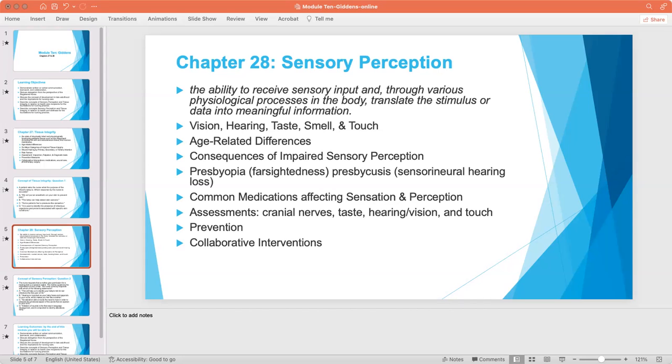And also with our adults, the loss of functional ability can happen. Make sure you see table 28.2, which lists medications such as antihistamines that cause dry mouth and blurred vision, antibiotics, NSAIDs, and loop diuretics that can cause ototoxicity and impaired taste and smell, and anti-seizure meds that can cause numbness in the hands and feet.